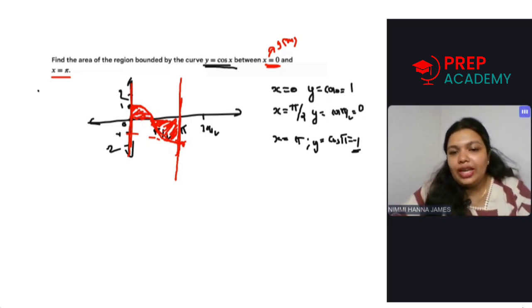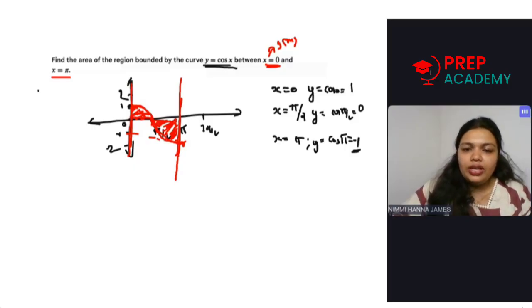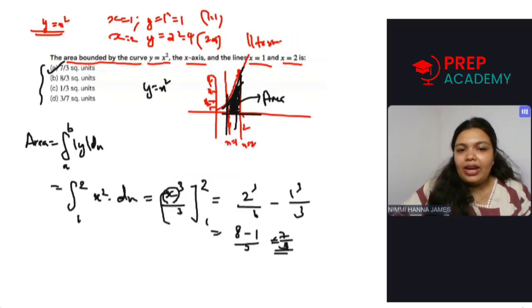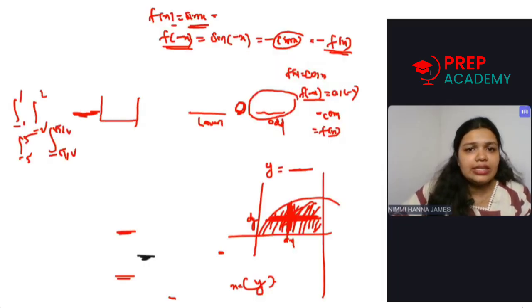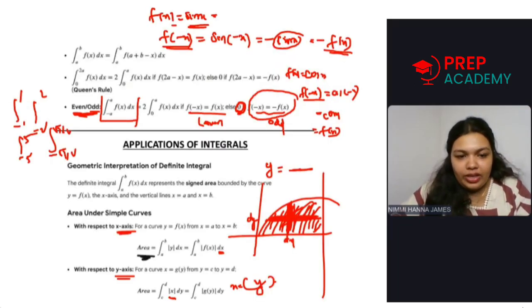So now we want to find the area of this. In the previous question, we had everything in the first quadrant itself. But in this question, we have some in the first quadrant and some below the axis. So in such cases, what do we do? We have written it right here: handling negative and mixed regions.